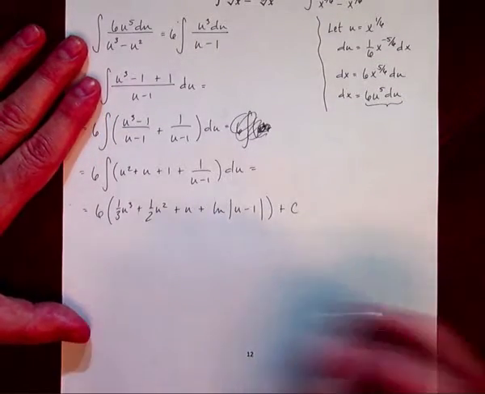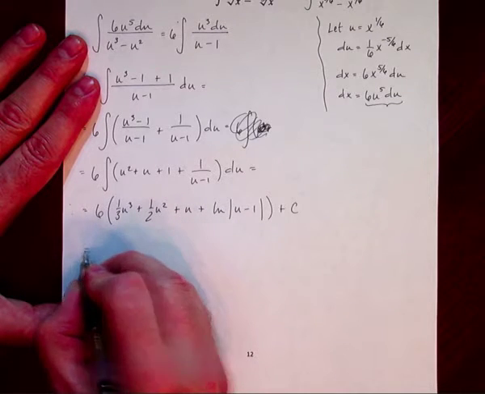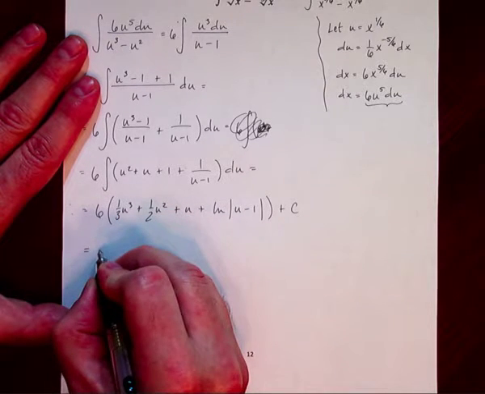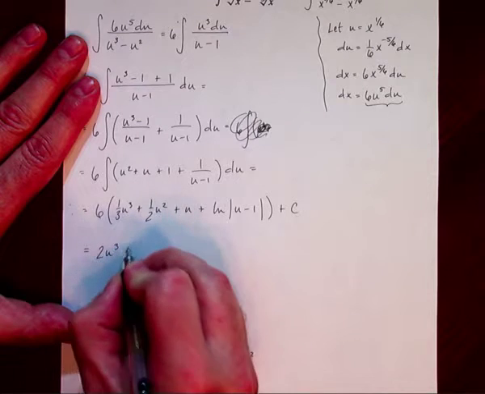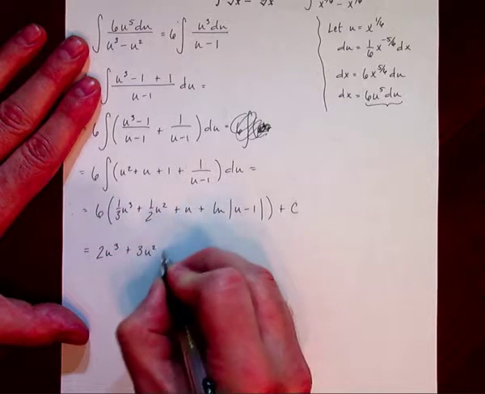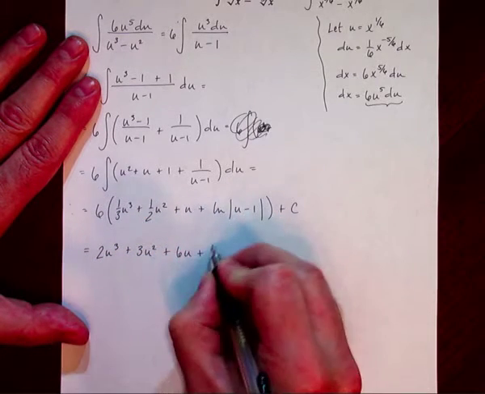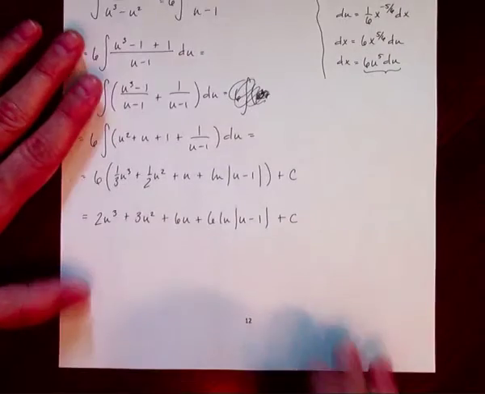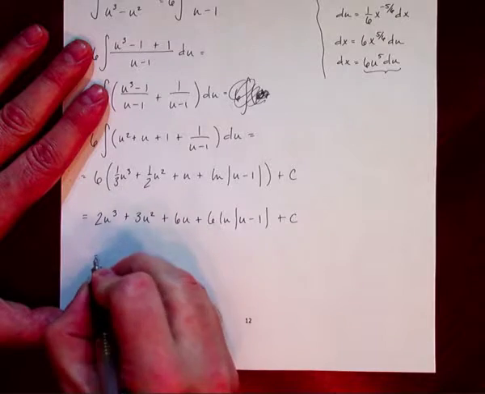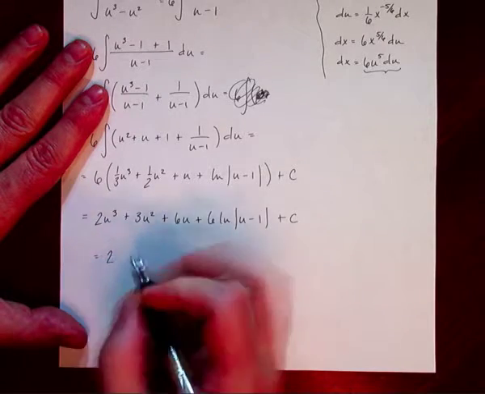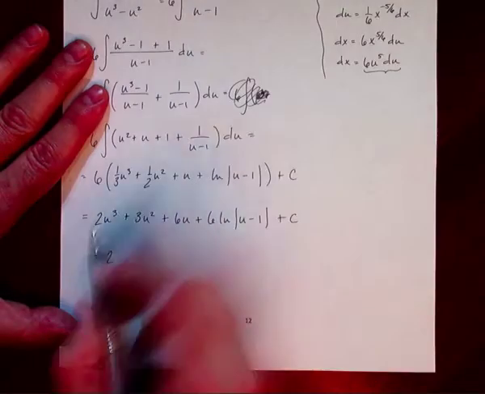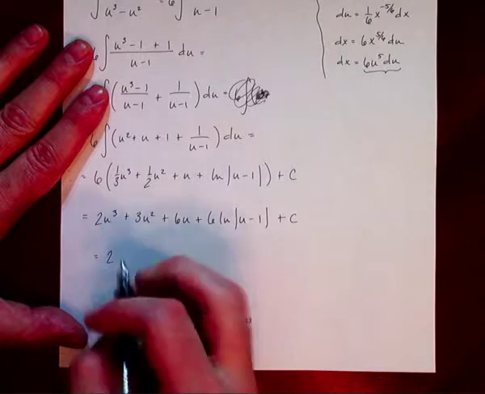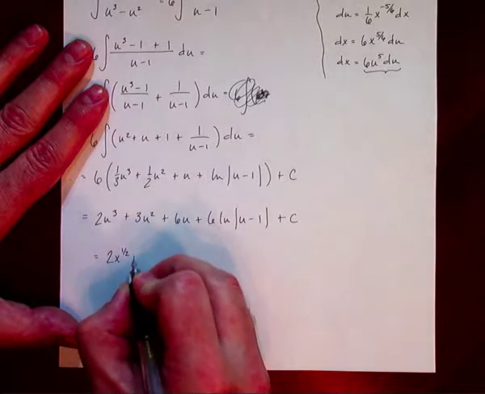Now, let's go ahead and distribute the 6, and we're going to get 2u cubed plus 3u squared plus 6u plus 6 natural log u minus 1 plus c. And now let's substitute back in, and we're going to get 2, and this is x to the 1/6 to the third, so x to the 3/6 or x to the 1/2.